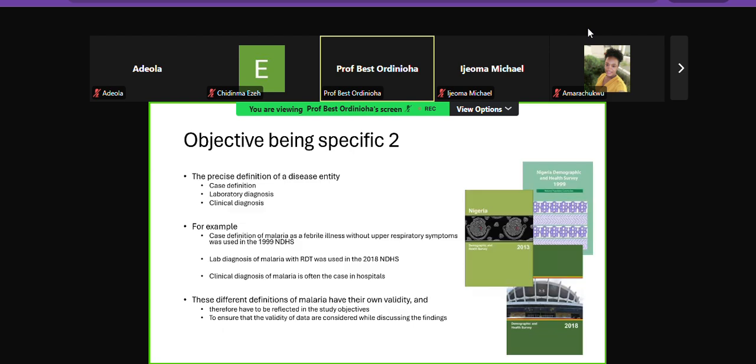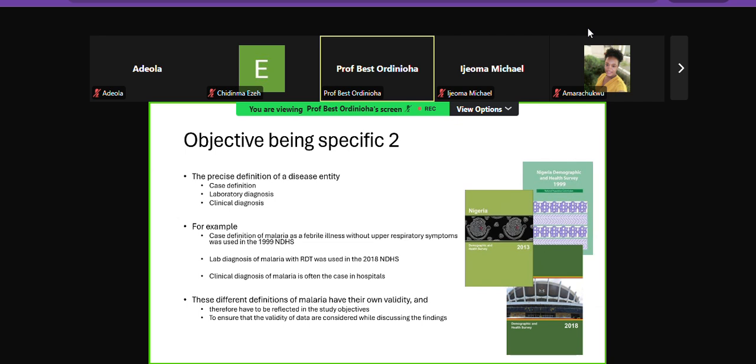Being specific even includes how diseases are being diagnosed. It should interest you that diseases are not diagnosed in the same way. In fact, there are three methods of diagnosing a disease, so in carrying out the study, you have to specify which one you are using. Is it the case definition? Is it laboratory diagnosis? Is it clinical diagnosis?